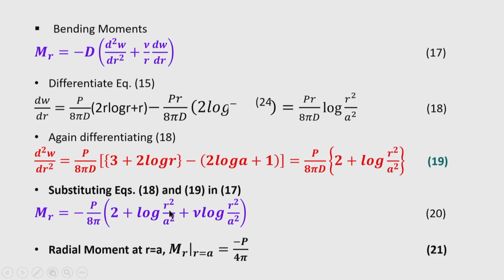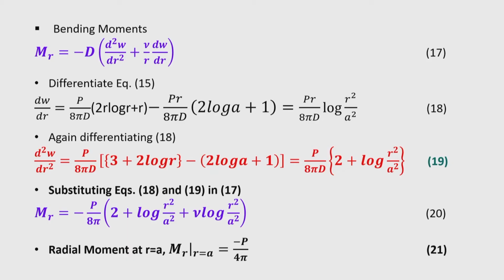So, this becomes 1. So, log 1 is 0. Similarly, this is also becoming 1. So, therefore, the maximum radial moment that is occurring at the clamped edge is equal to minus P by 4 pi. So, this is the value of maximum radial bending moment, and you can see that this quantity does not depend on the Poisson ratio.